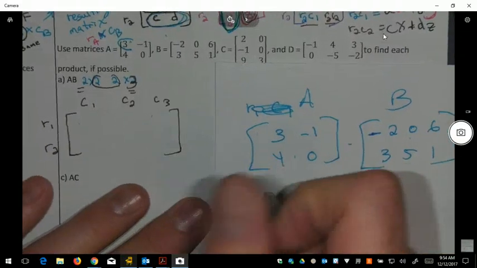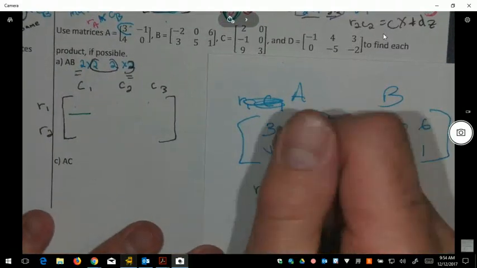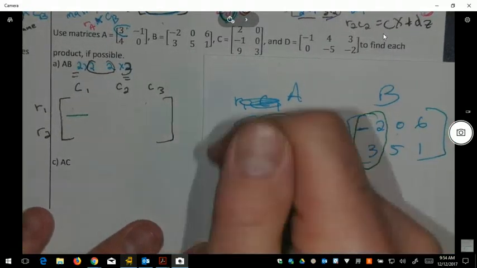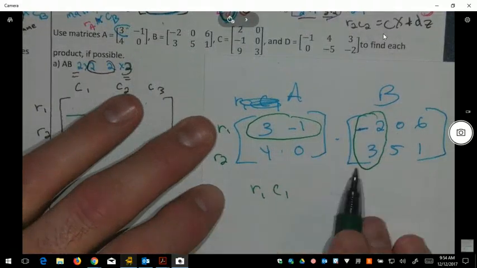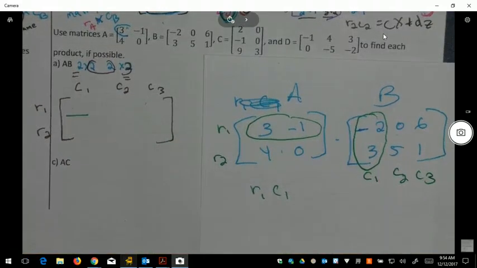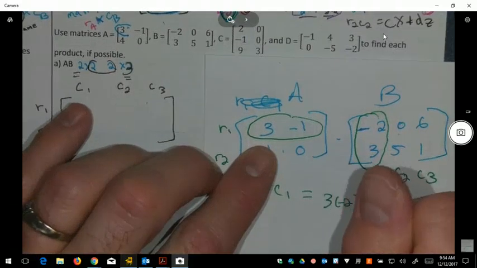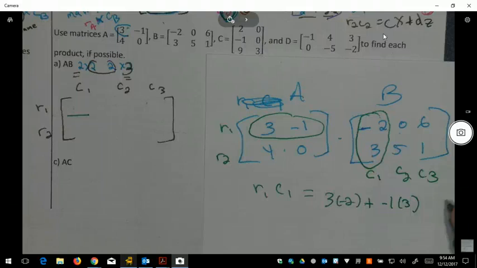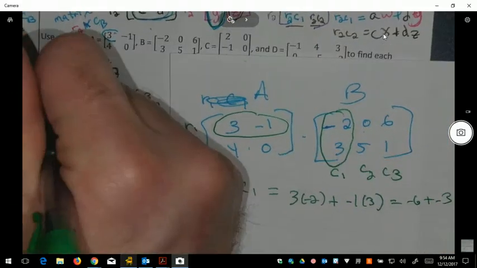So for row 1, column 1, which is the first position I'm supposed to fill, I need to use the rows from matrix A and the columns from matrix B. So I'm using these rows, and I'm using the columns from B. So row 1, column 1 is going to be 3 times -2 plus -1 times 3, which is -6 plus -3, or -9.